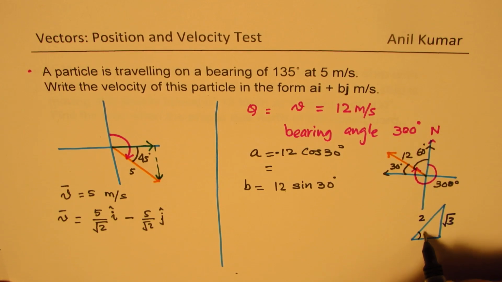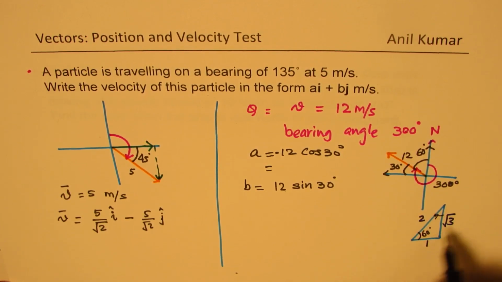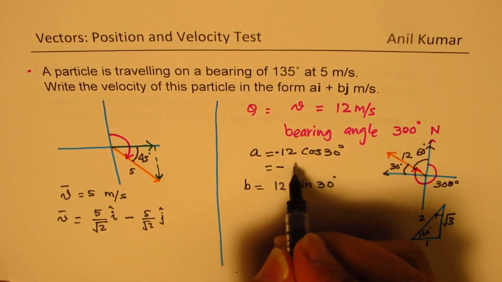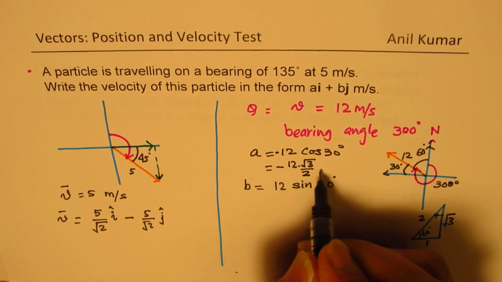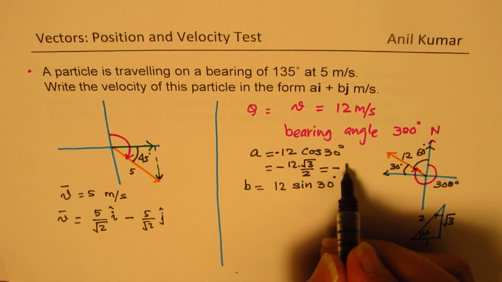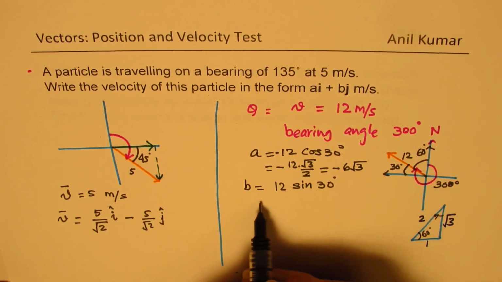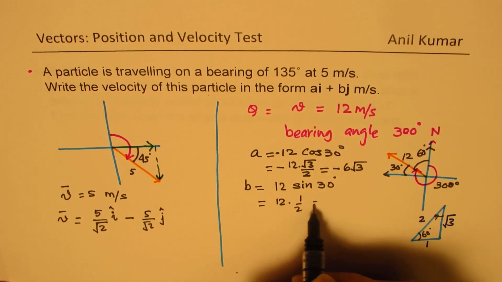So this is 60 degrees. For 30 degrees, we are looking from this side. Cos is square root 3 over 2. So we get minus 12 times square root 3 over 2, which basically will be minus 6 square root 3. And as far as b is concerned, 12 times sine 30, which is half, will be 6.